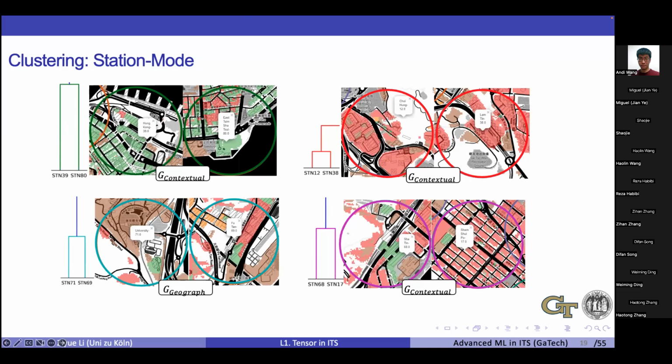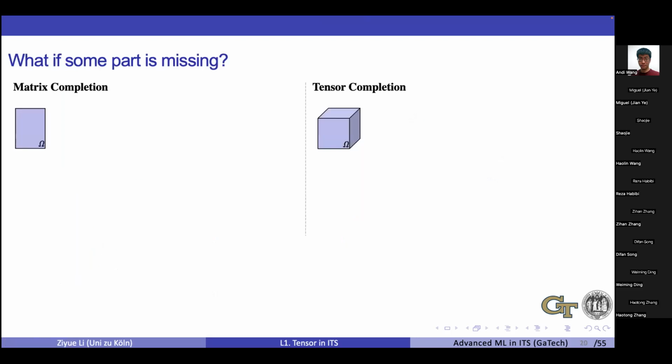Also, you can see station 71 and station 69 are quite close to each other, just two stations away. In this case, even though their land uses are quite different, they are still in the same cluster. So even though we didn't specifically formulate the spatial correlation, the information is still well preserved. This is the power of the tensor data formulation.